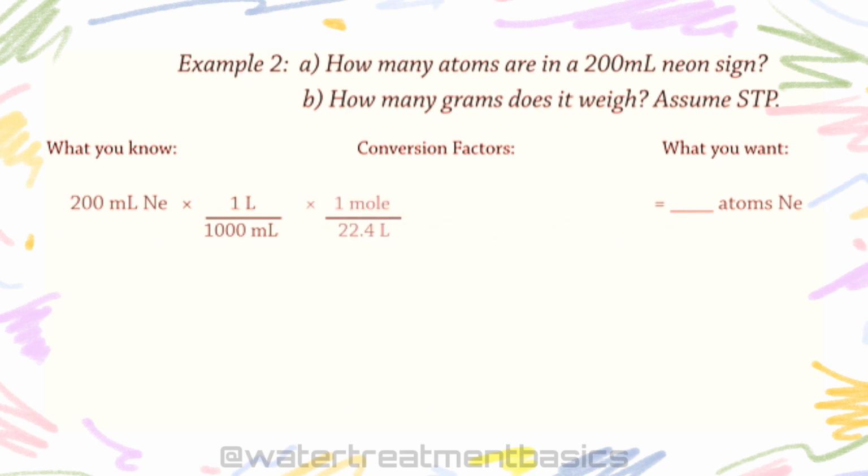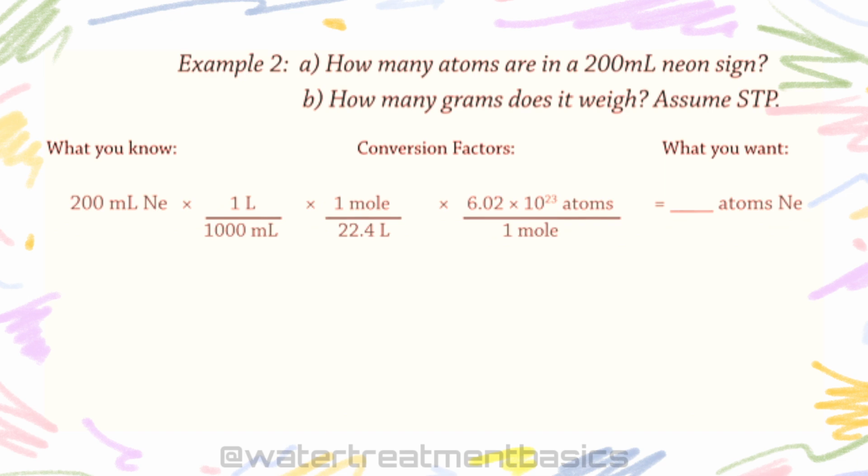Next, we'll use the strange but true fact that gases are 22.4 liters per mole of gas at STP. Then, we'll use Avogadro's number to get the number of representative particles. Neon is atomic, not molecular, so in this case, the representative particles are atoms.